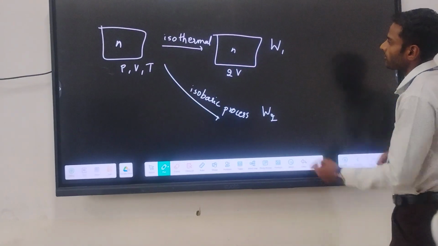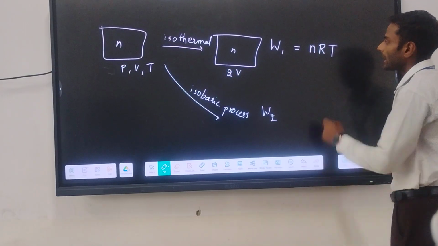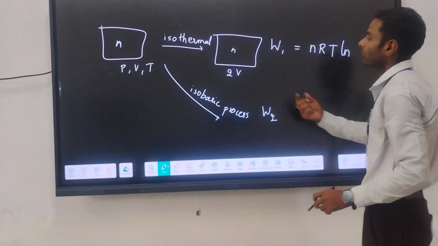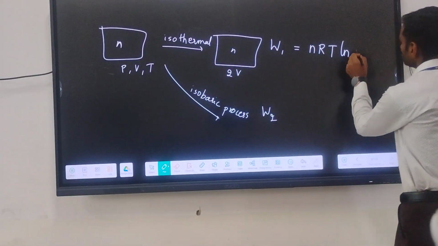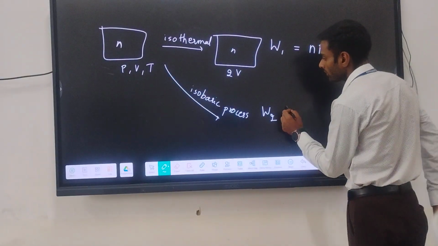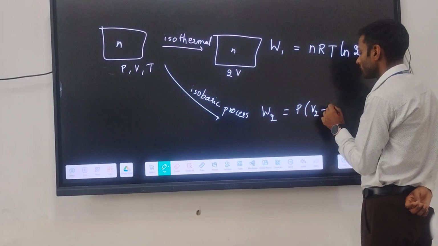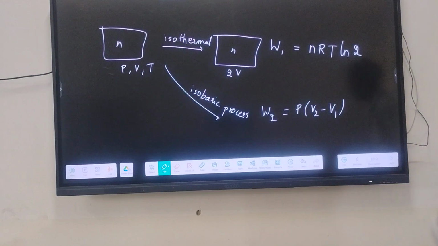In case of the isothermal process, the work is nRT ln(final volume upon initial volume). So I am directly writing 2. In case of the isobaric process, we know that it is P(V2 minus V1).